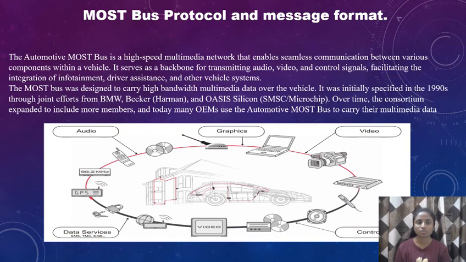The MOST bus was designed to carry high bandwidth multimedia data over the vehicle. It was initially specified in the 1990s through a joint effort from BMW and OASIS Silicon. Over time, the consortium expanded to include more members, and today many OEMs use the automotive MOST bus to carry the multimedia data.